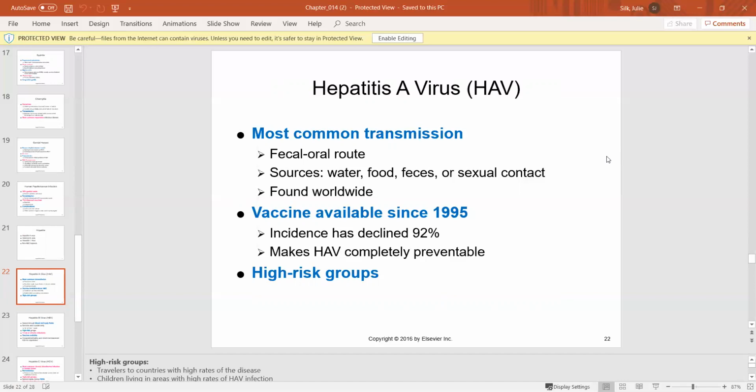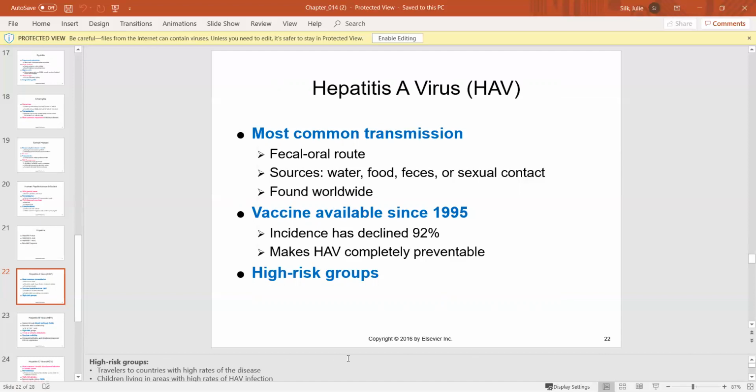So there is a vaccine that's available for this since 1995. The incidence of this has declined 92%, which makes it completely preventable. So for the vaccine, you definitely would want to give it to someone who might be immunocompromised, so that they don't get it.